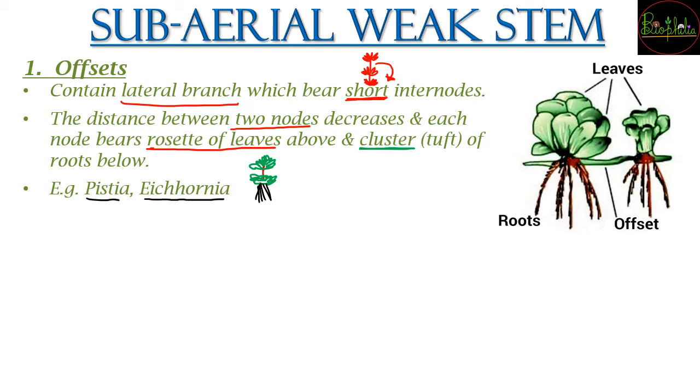So here also you can see in the diagram how the particular offsets are going to look, having short internodes. Very important to remember, these are going to have short internodes and a lateral branch. So from its side you are going to also have a lateral branch which is going to give rise to the other tuft of leaves, and you can see the roots coming out of it. So that is going to be the offsets.